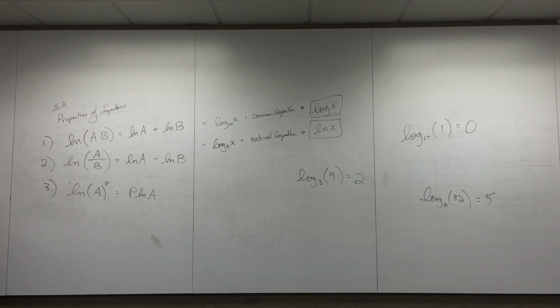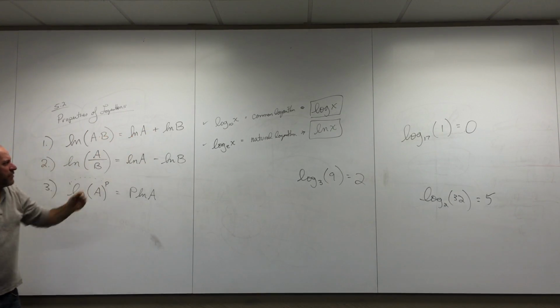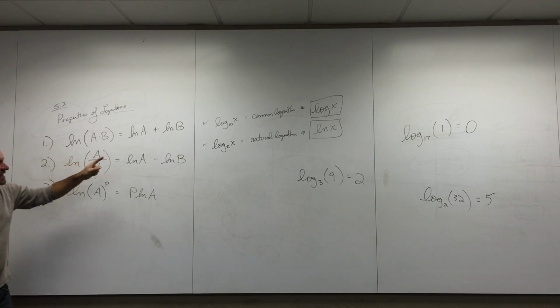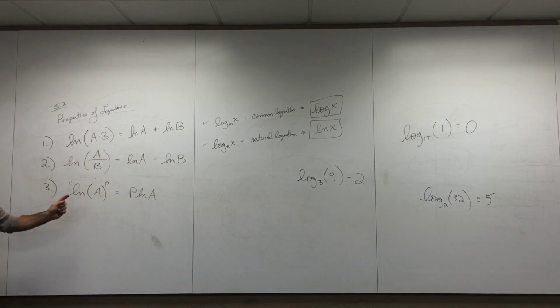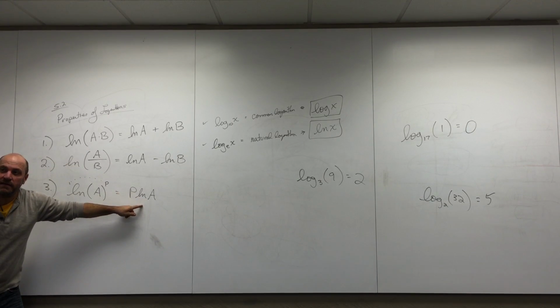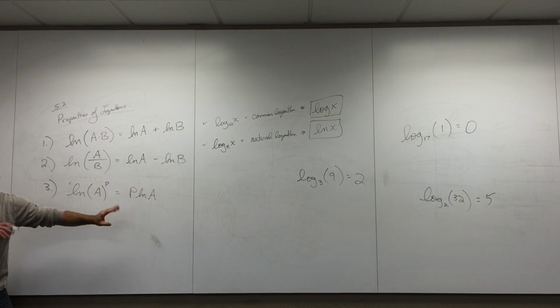It's kind of weird. You're taking multiplication and turning it into addition of 2 separate logs. You're taking a division and making it subtraction of 2 separate logs. You're taking raising to an exponent and making it multiplication. Now I'm saying this is weird and nothing else in mathematics acts like this. But does something act like this? Does this remind you of something?